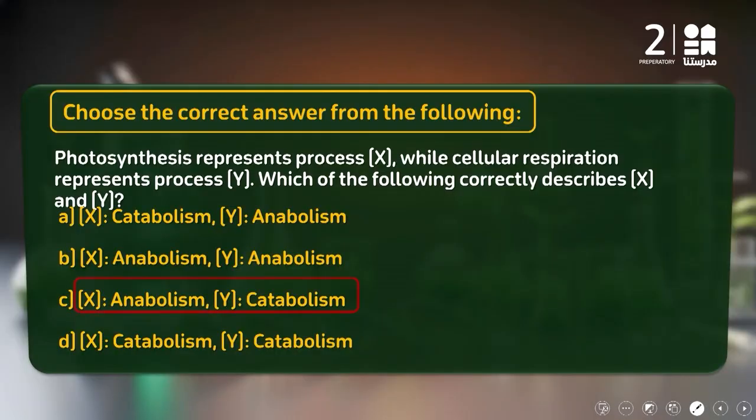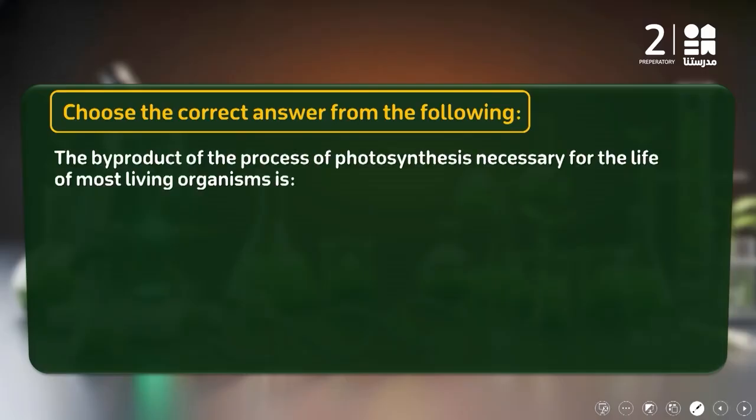And the third one is the right answer, because anabolism is a change of small molecules to a large molecule, and catabolism is cellular respiration, which changes the large molecule of glucose to small molecules as carbon dioxide and water vapor.